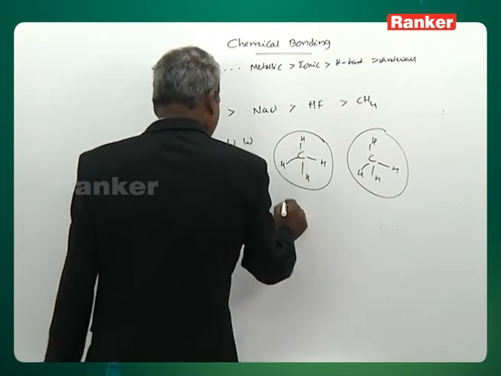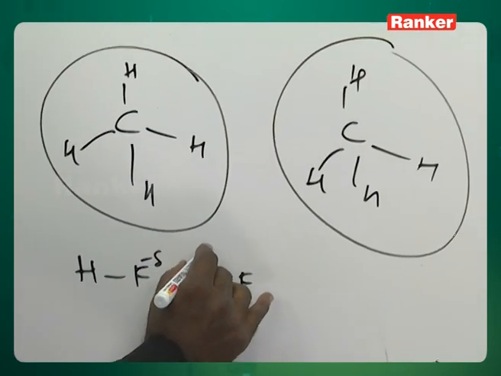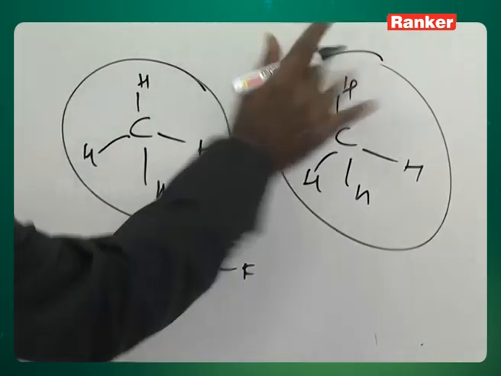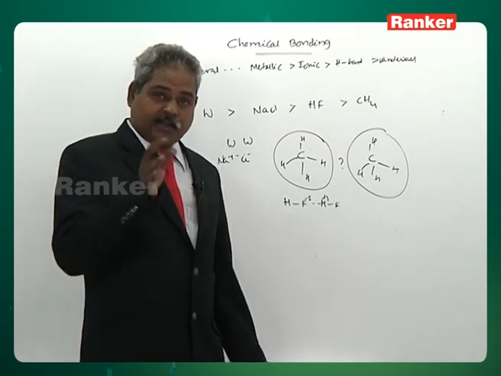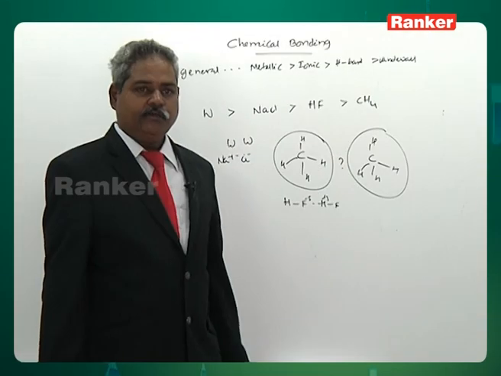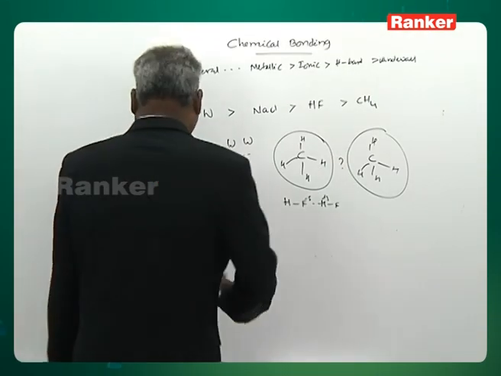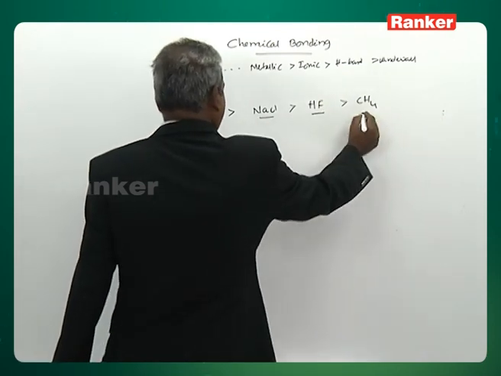Between HF and HF, you at least have hydrogen bond. But what do you have here? Nothing. You don't have any attractive force between methane molecules, and that nothing is called van der Waals force of attraction, which depends on mass.